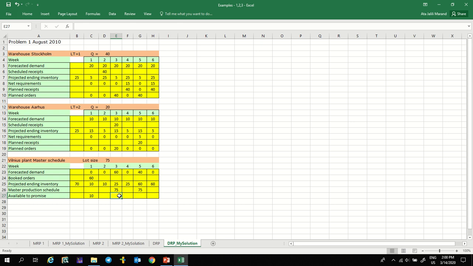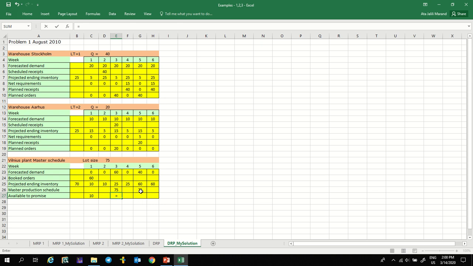Then we do the calculations for week 3, and we said that for any week other than week 1, when we are calculating available to promise, we will not take into account the ending inventory from the previous time period. So here we only need to deduct the total booked orders from the master production schedule, and this total of booked orders is only for weeks 3 and 4 because we have a positive master production schedule in week 5.